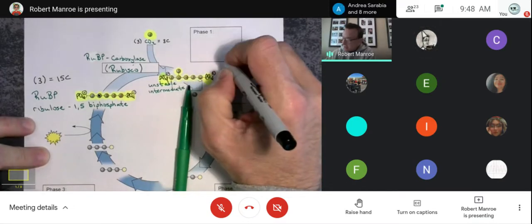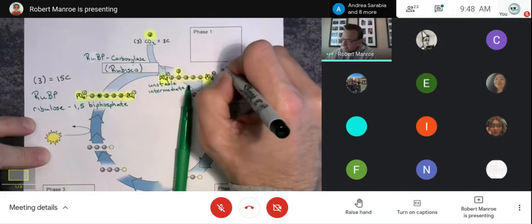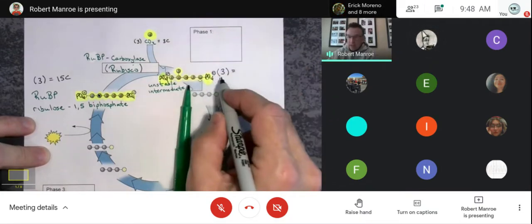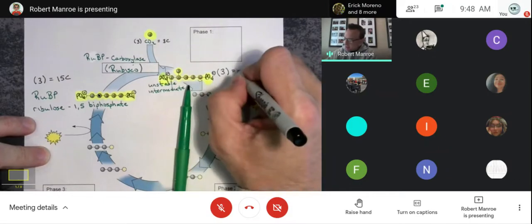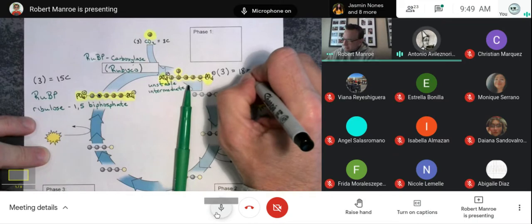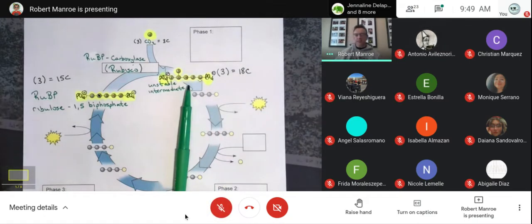And each one has how many? 6 carbons. So if you have 3 6-carbon molecules, how much do you have total? What's 3 times 6? 18. You have 18 carbons.